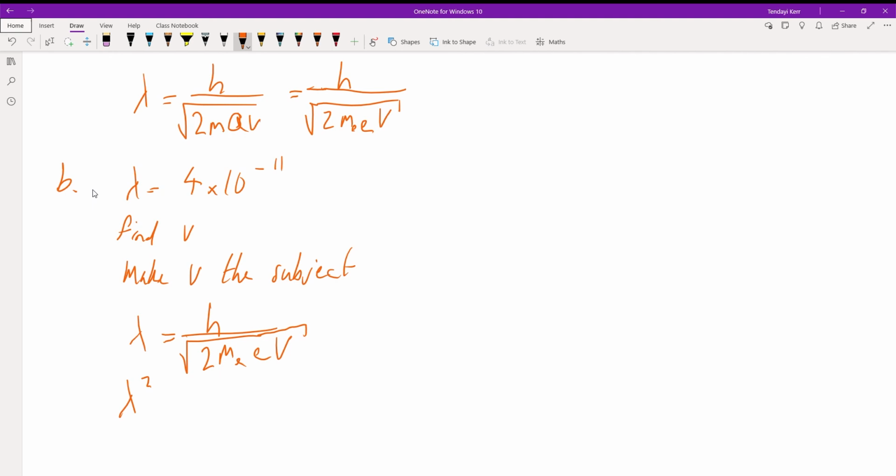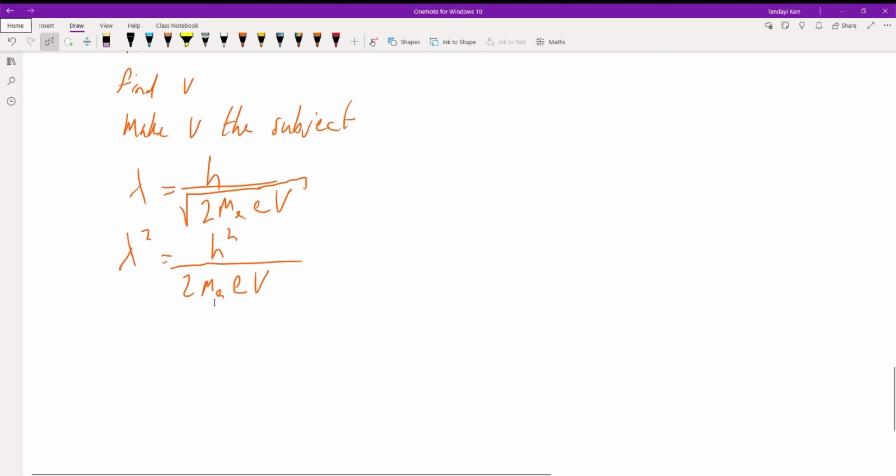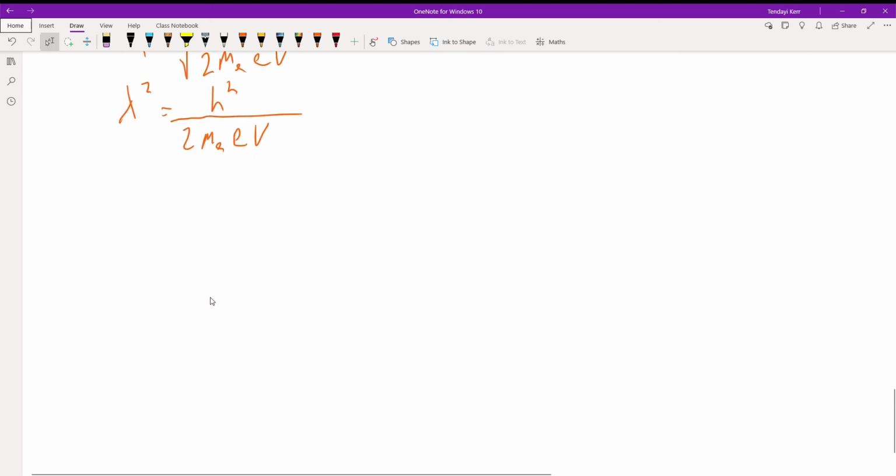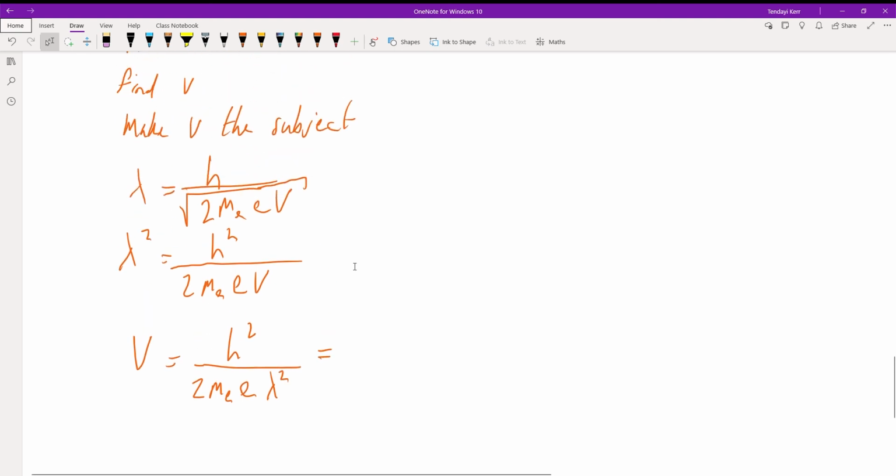Lambda squared is equal to h squared over 2 m_e eV. So we want V on its own: V is equal to h squared over 2 m_e over lambda squared. Now all we need to do is substitute all our values in. That's why it's 3 marks, because we have to rearrange the equation.